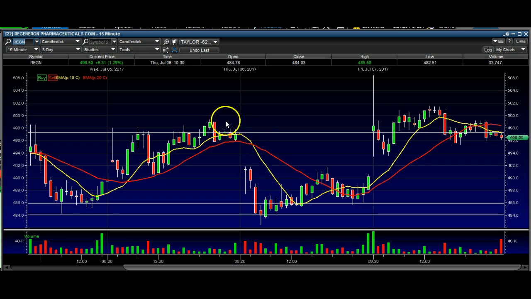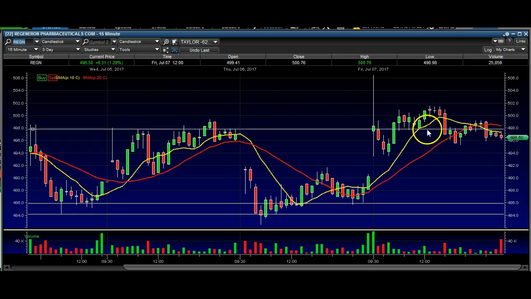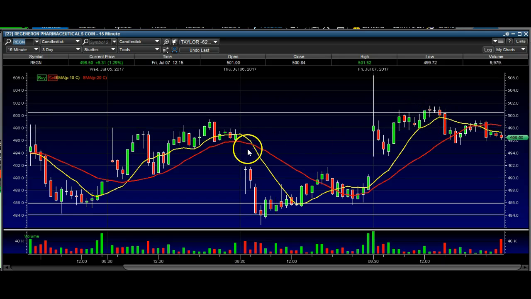When you're using those ranges intraday, stocks like to stay in those ranges. As you can see, we bounced near the lows here, and we ended up making up those highs. But you can see the following day we ended up going pretty much to a similar level here. 500 was that level that we ended up peaking at the following day. So we pretty much stayed in this range for almost an entire week.